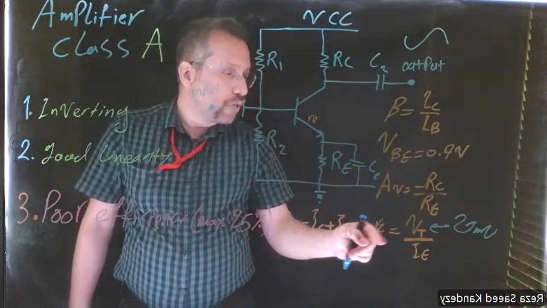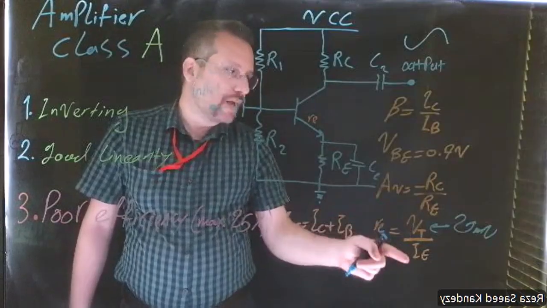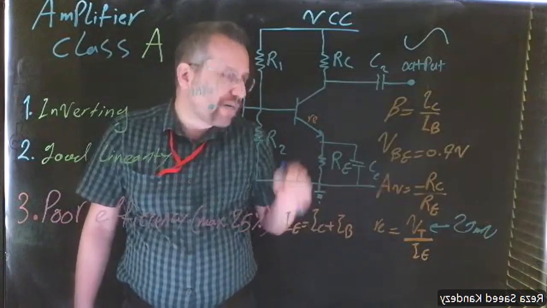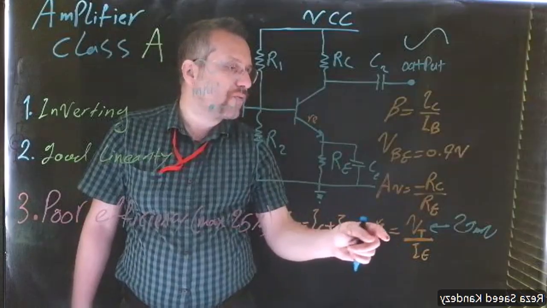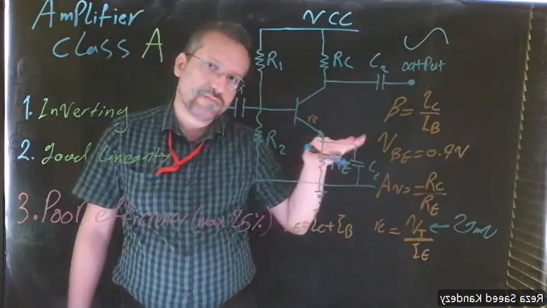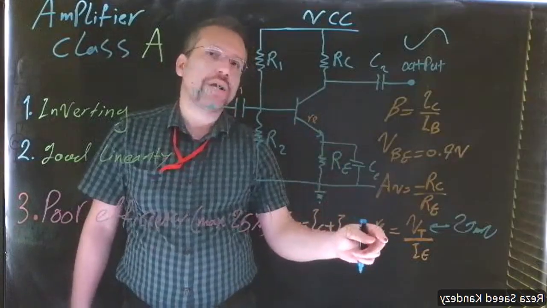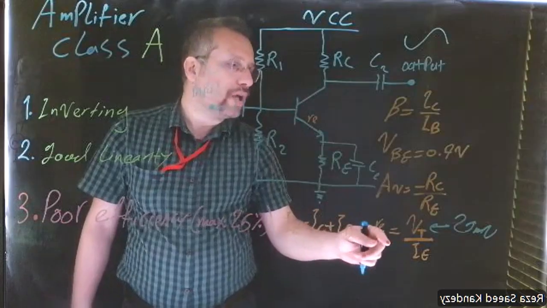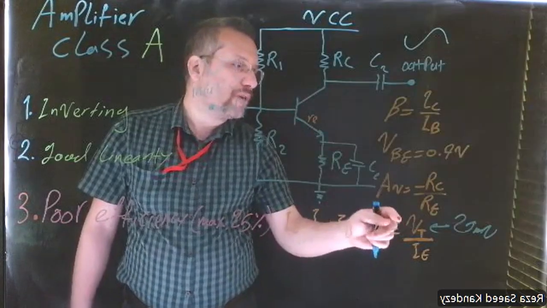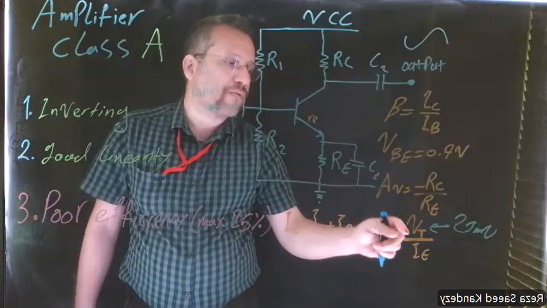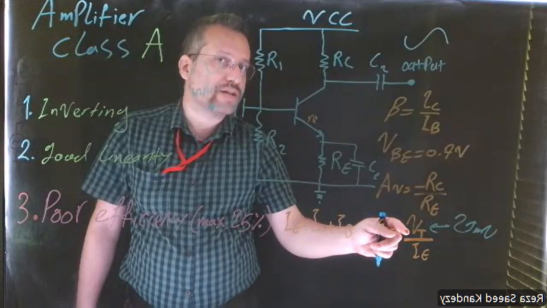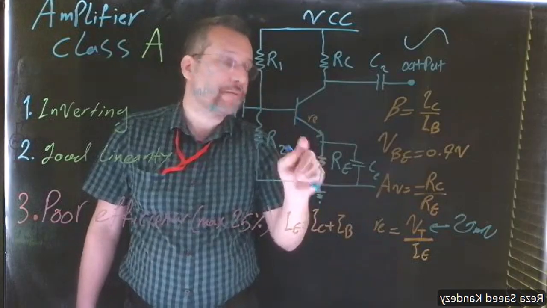Now, because VT is in millivolts and IE is also small, we get a very low RE, on the scale of less than 10 ohms. RE is based on VT, the physical characteristic of the BJT.